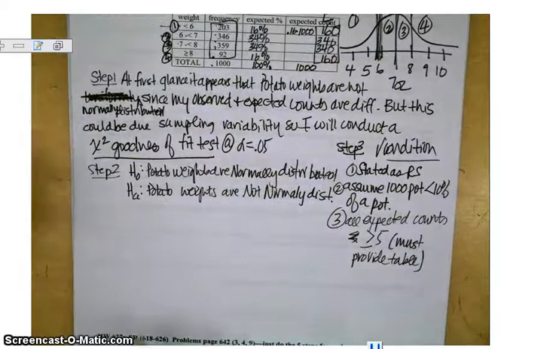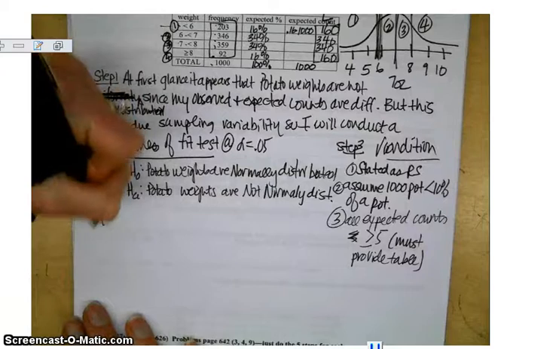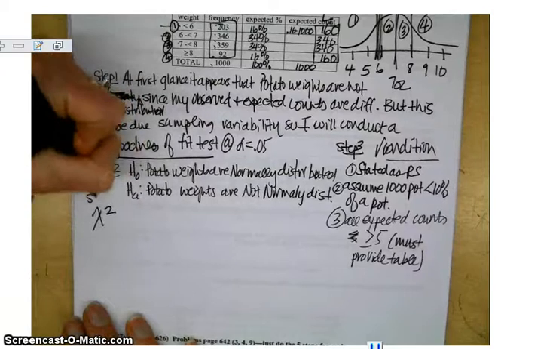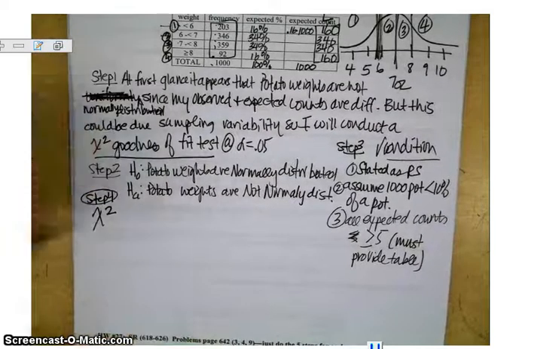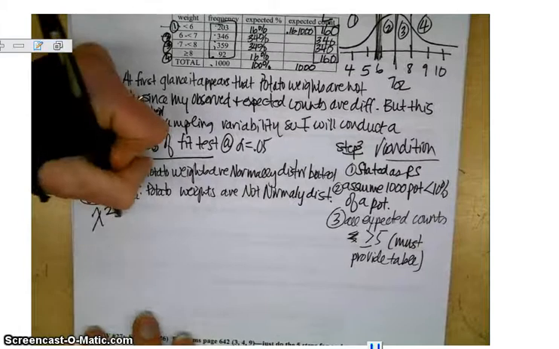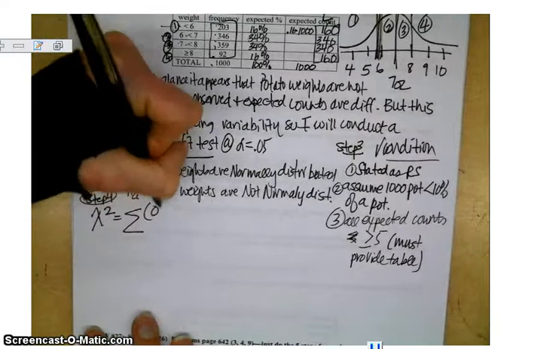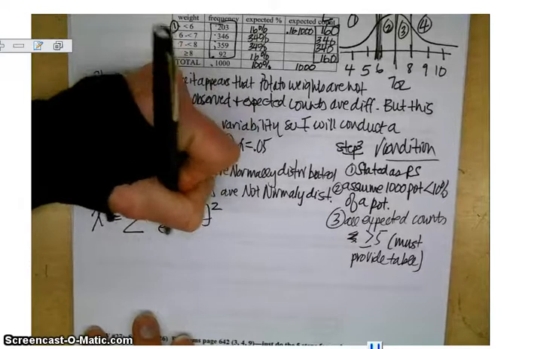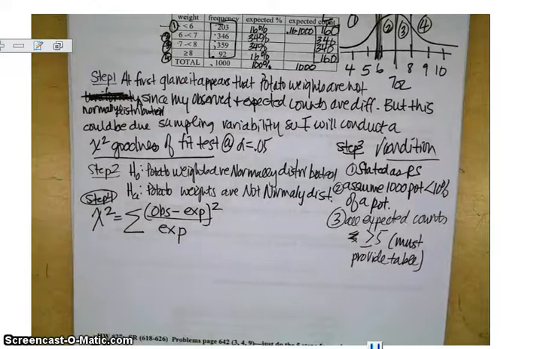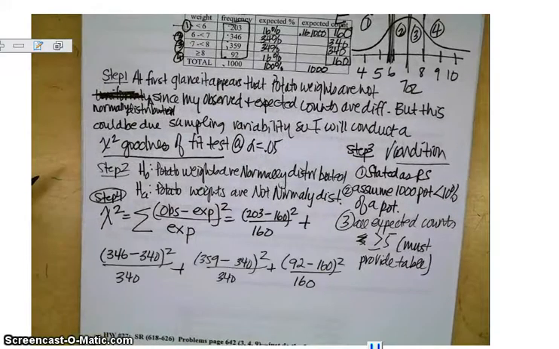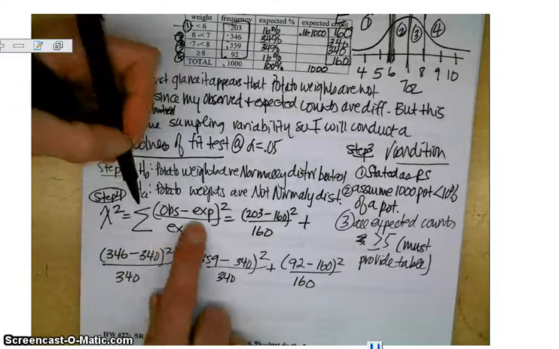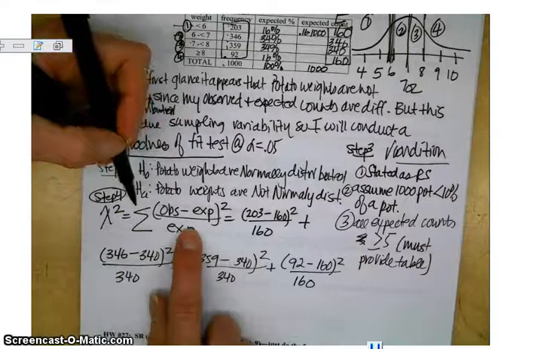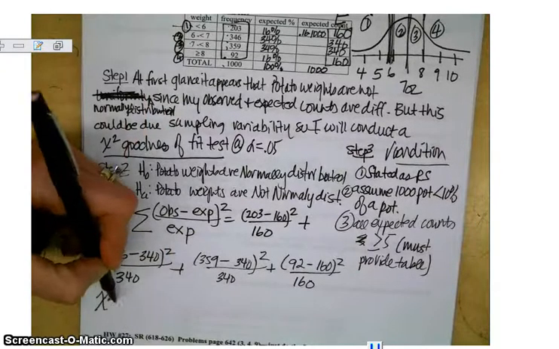All right, now we need to do our calculations. Step 4, our chi-square value needs to be calculated. It is the sum of all of our observed minus the expected, squared, all over the expected. You can use your calculator to do this test as long as you write down this formula, and then it'll calculate the chi-squared for you.